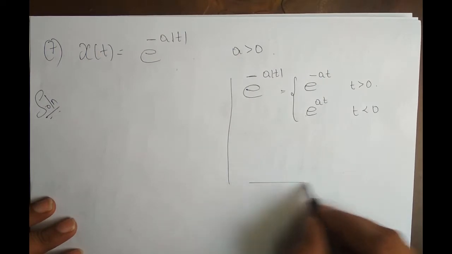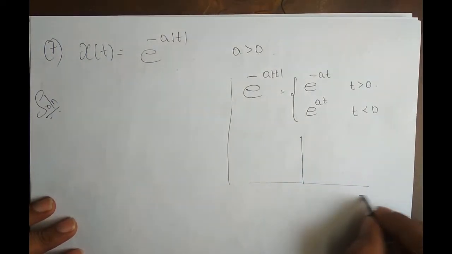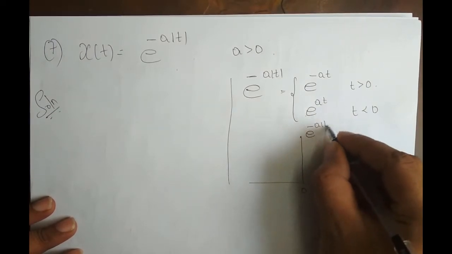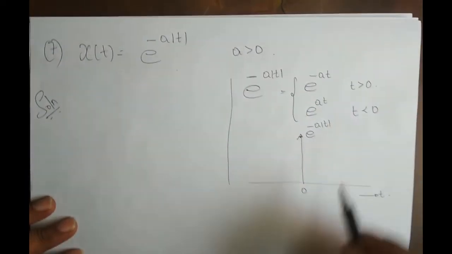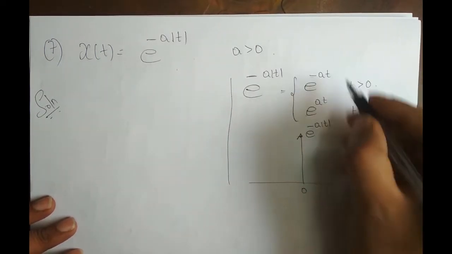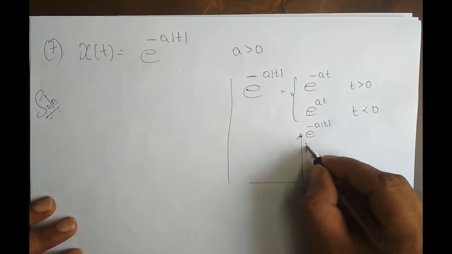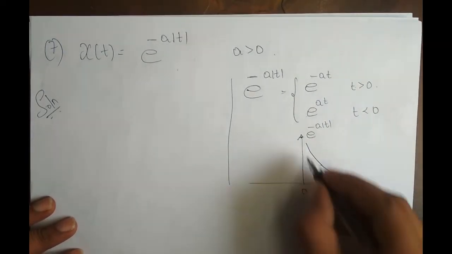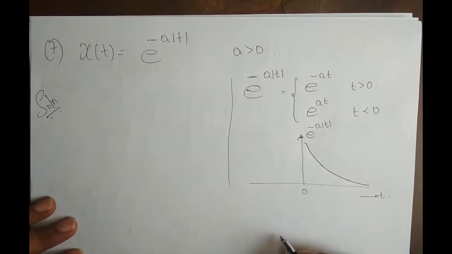Graphically, this is our independent variable t, and this is 0. This is e power minus a mod t. For t greater than 0, it is exponentially decreasing, because I have e power minus at. Small letter a says at what rate the signal is decreasing.